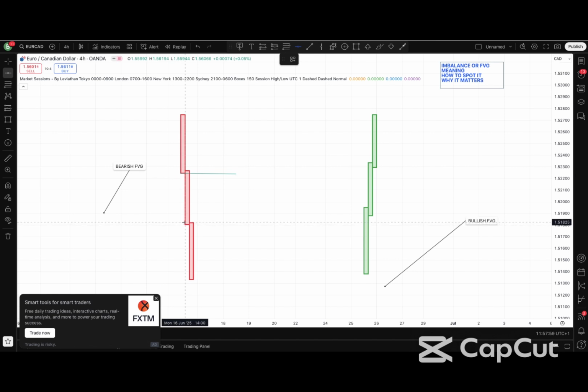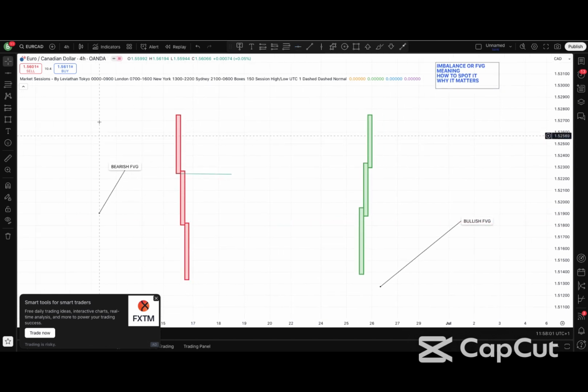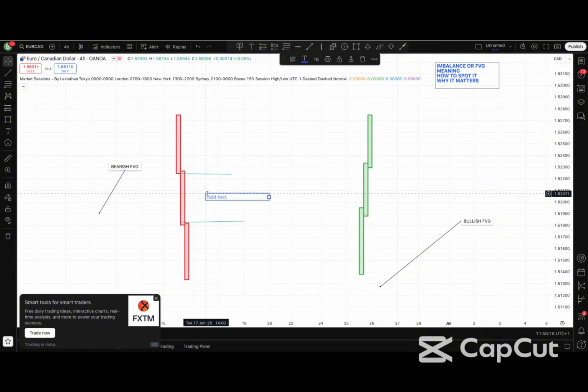There's another gap at this point. All right, so if the middle candle is big and is wide, and the wick of the candle on the other side do not touch it, this means that this is a fair value gap.